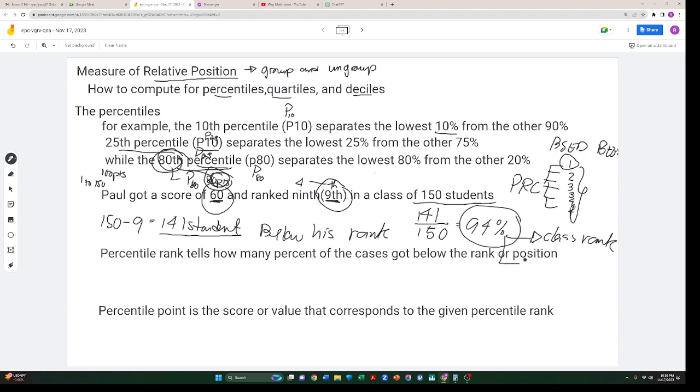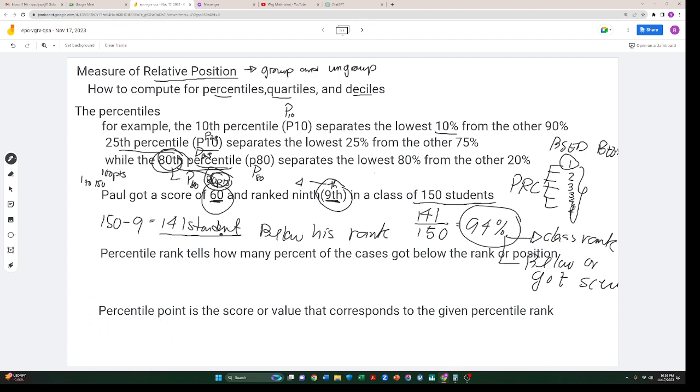Okay, again, this means that 94% of the class ranked below or got scores below Paul. Then we can say that the percentile rank of Paul in the class is 94, which also implies that 94 out of 100 students got scores below his score, and 5% of the class obtained scores higher than him.